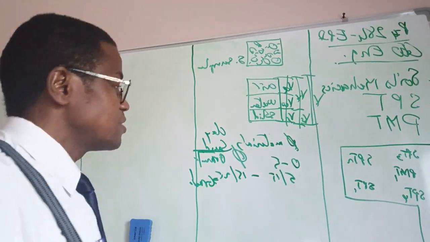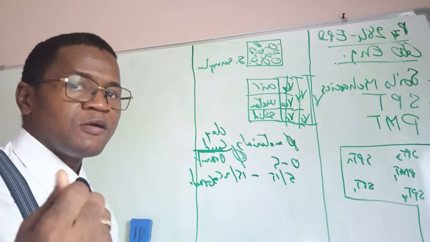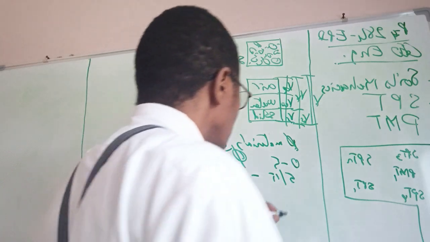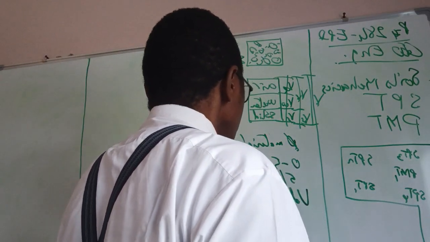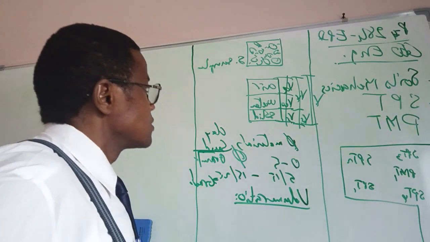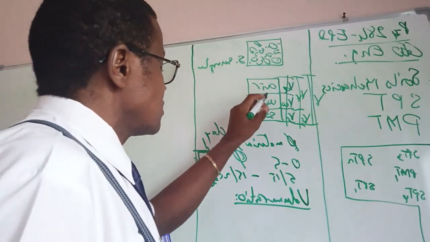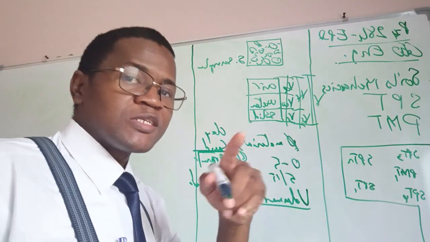But the most important type is what they call the volume ratio. Let's talk about the volume ratio now. You should know that the volume ratio deals with 2 important parameters.